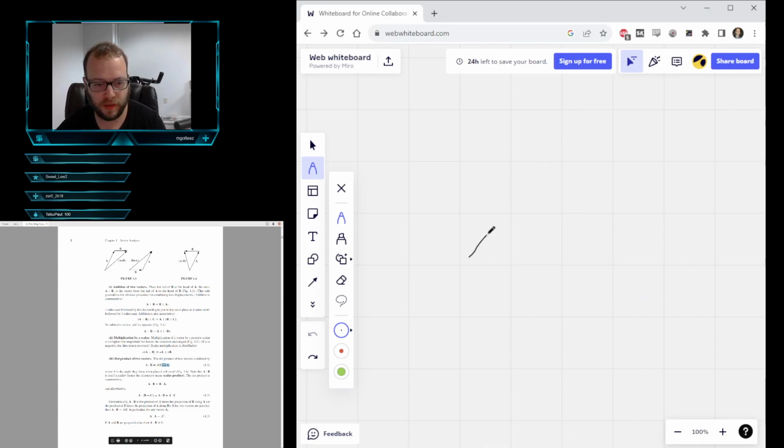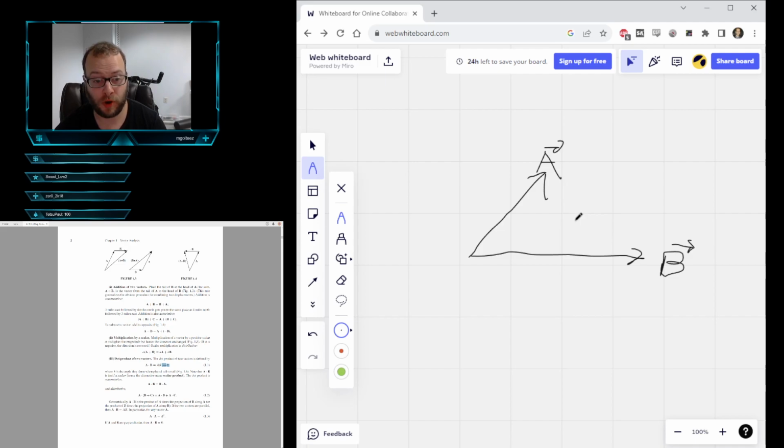If I have some vector A, and then I have some vector B, and I want to find the dot product, what I do is I take the magnitude of A, so the length of A, multiply it by the length of B times the cosine of the angle between them. So the angle between them, theta, is here. So what is cosine theta?